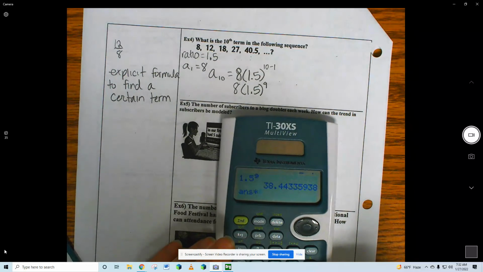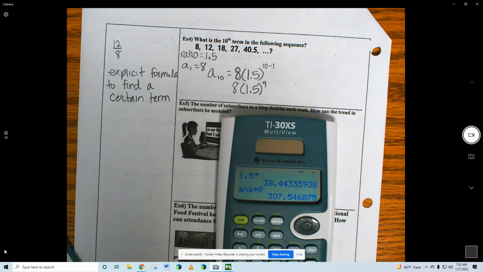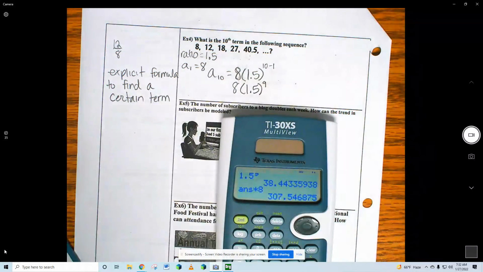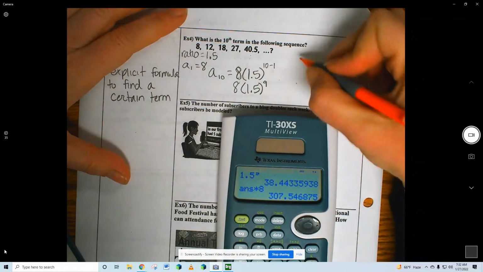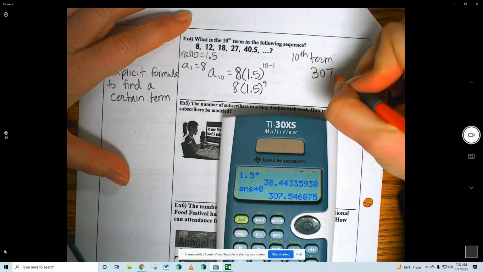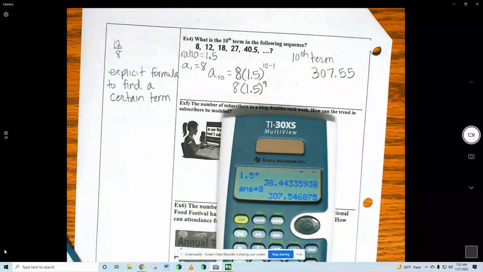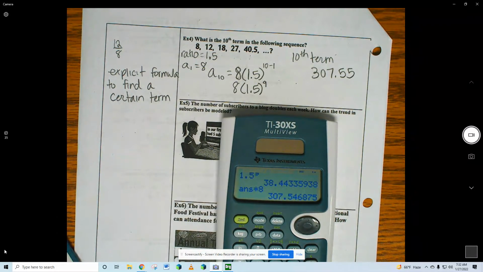Times 8. 307. So the 10th term, 307.55, I'll round.